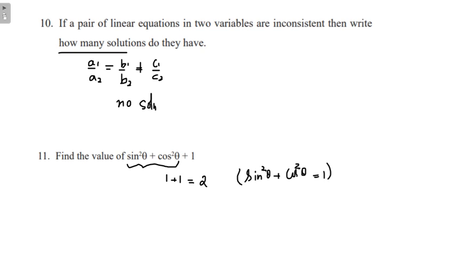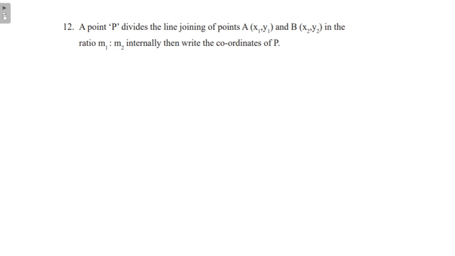Then next, moving on to the next question. A point P divides the line joining the points A(x1, y1) and B(x2, y2) in the ratio m1 is to m2 internally, and write the coordinates of P. So the formula for finding this, if you take P of (x, y), is as follows.